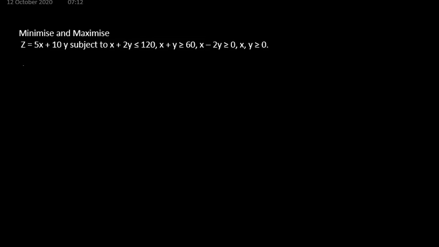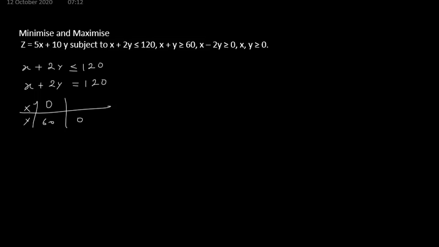So let us consider all 3 inequations. First we have x plus 2y less than or equal to 120. So we consider x plus 2y equal to 120 and find out 2 solutions for this. So when I take x 0 I get y as 60, when I take y 0 I get x as 120.